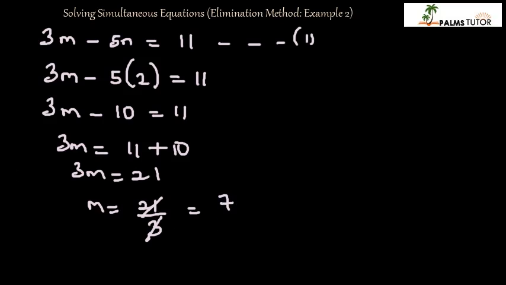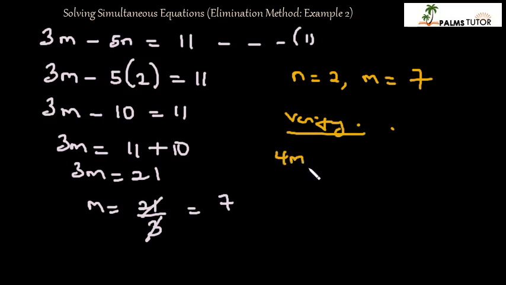So now we know that our n equals 2 and our m equals 7. So let's verify and see if our workings were right. I'll use equation 2 now to verify. Always try to verify so that all your effort will not be futile. Equation 2 is 4m minus 6n equals 16.